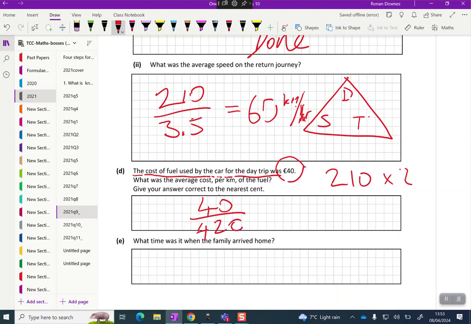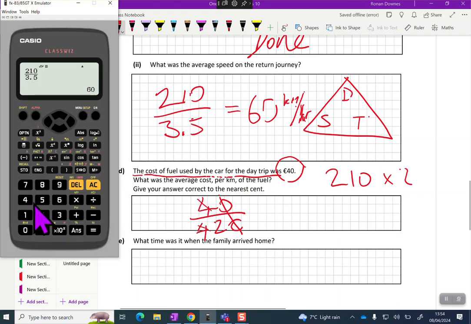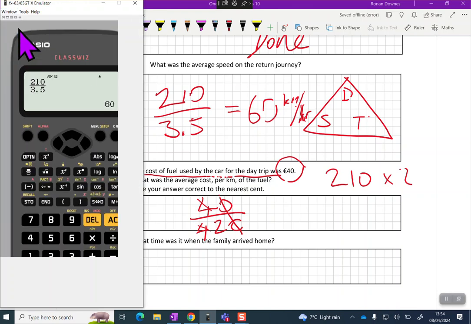And we'll put that in the calculator, but I'm just going to use traditional maths here. 4 into 40 is 10. No, I'm not. 4 into 42. No, I'm not. It's easier to do with the calculator. So I'll fit that to the screen.